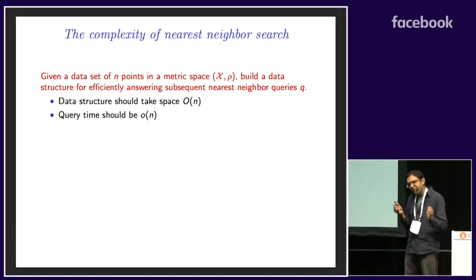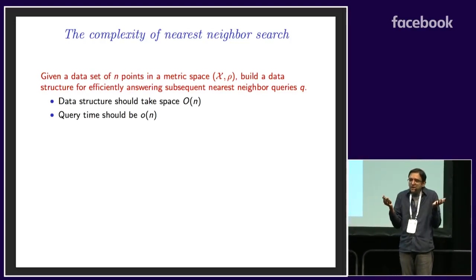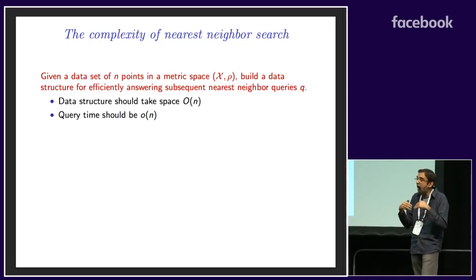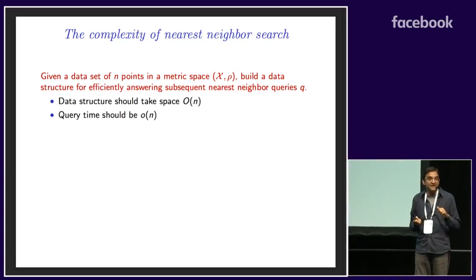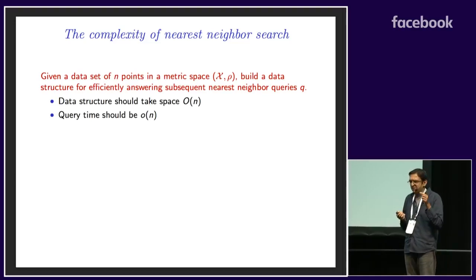Okay? So the question is, can we do something like this in a metric space? Or in fact, can we even do something like this in a higher dimensional Euclidean space, in d-dimensional Euclidean space? And if we can do it, how does the d come in? Does the query time become d log n? Or does it become 2 to the d log n? Or what is the dependence on the dimension?